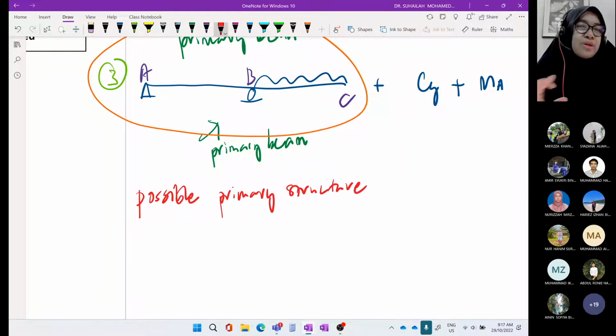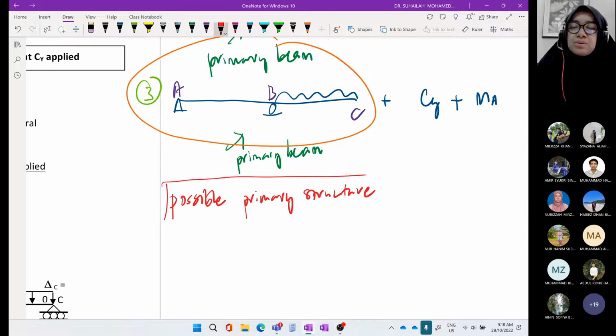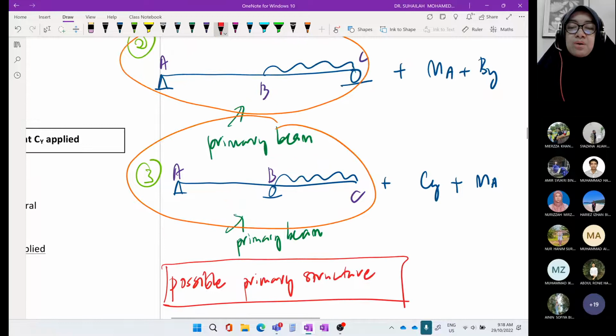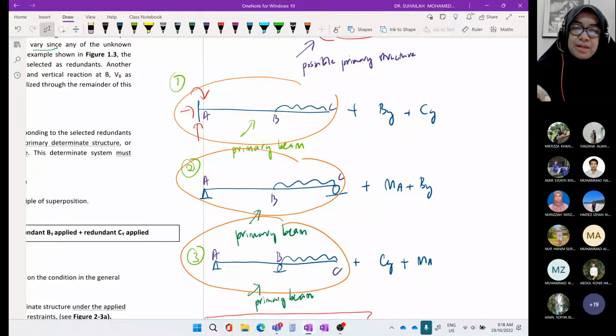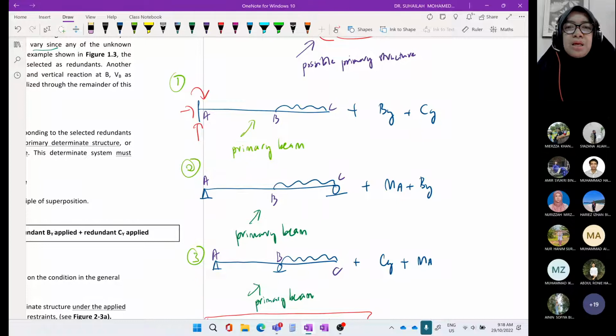This is the term that we use, because sometimes in exams there is a question asking you to draw possible primary structures. So you should give the 3 possible primary beams. These 3: 1, 2, 3. Okay, do you have questions so far?